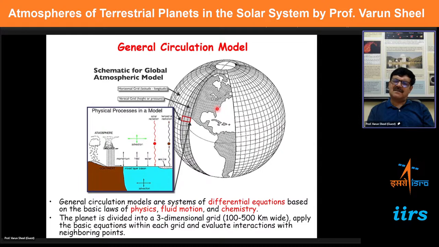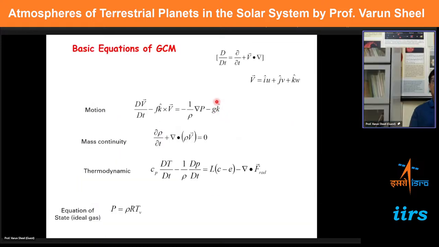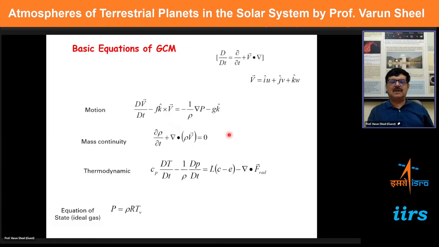And over the past several decades, these GCMs have been developed for the Earth's atmosphere, and they have also been developed for other atmospheres like Venus and Mars, and we are working with some of them at PRL. Just to give you a glimpse, all of you may not appreciate such equations, but as I said, the conservation of momentum gives you the motion, and the mass conservation gives you the distribution of the density of species, and the temperature can also be simulated.